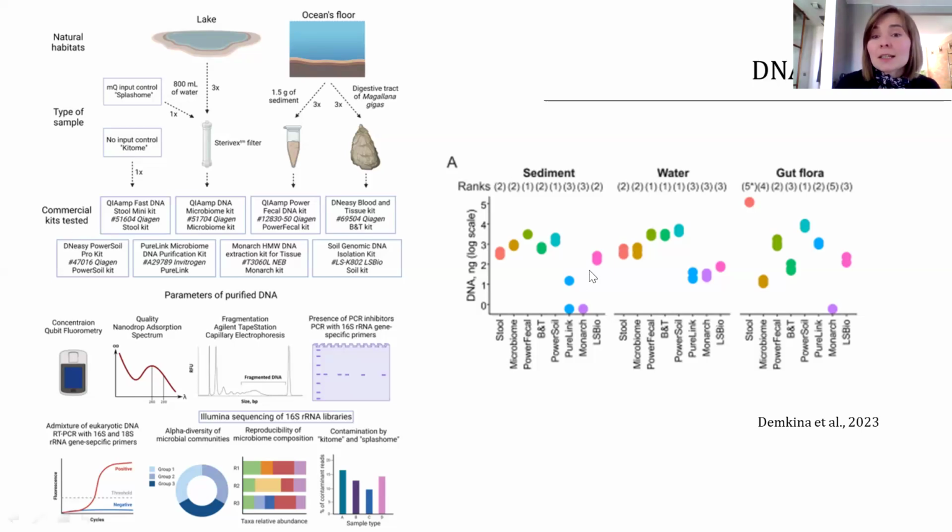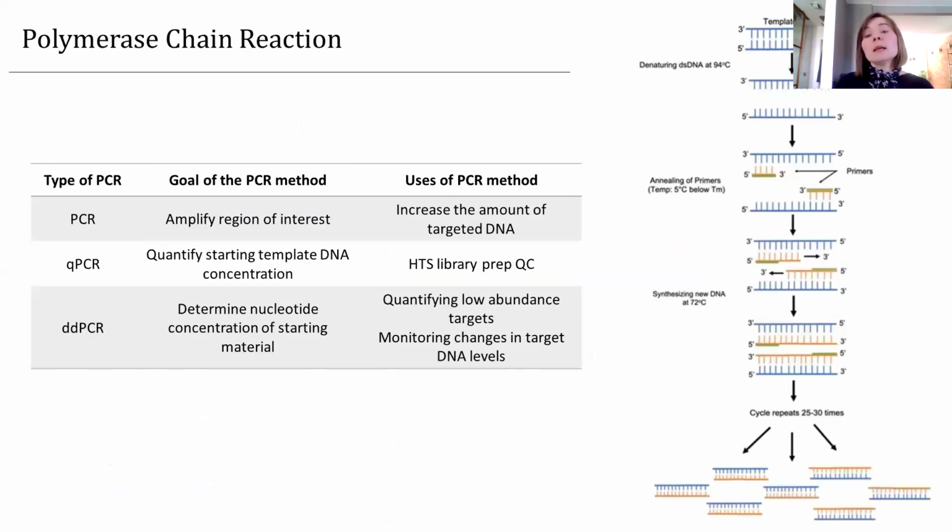Here's an interesting study that compared the efficiency of different kits for different types of samples and the amount of DNA that can be obtained using different DNA isolation kits. So as you can see, the differences can be very considerable. Another step is polymerase chain reaction, which is basically making a lot of copies of your DNA.